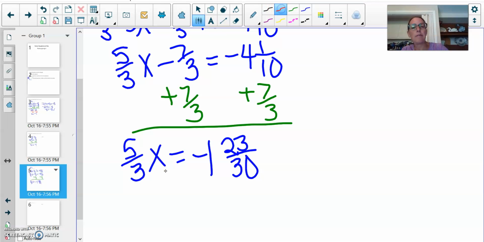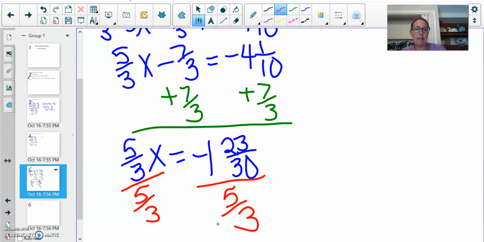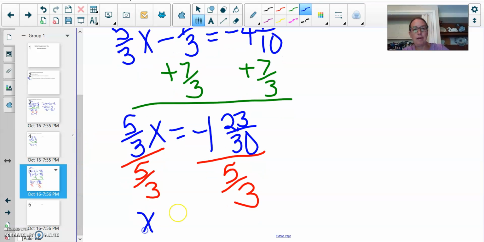And now I'm going to divide by 5/3. Remember, you could also multiply by the reciprocal 3/5. It's the same thing using keep, change, flip. And when I do that, I get -1 3/50.